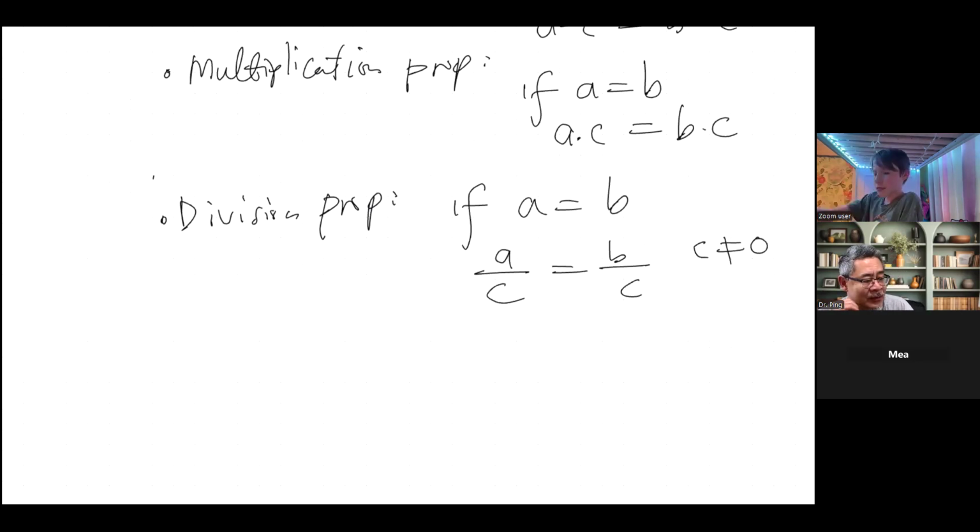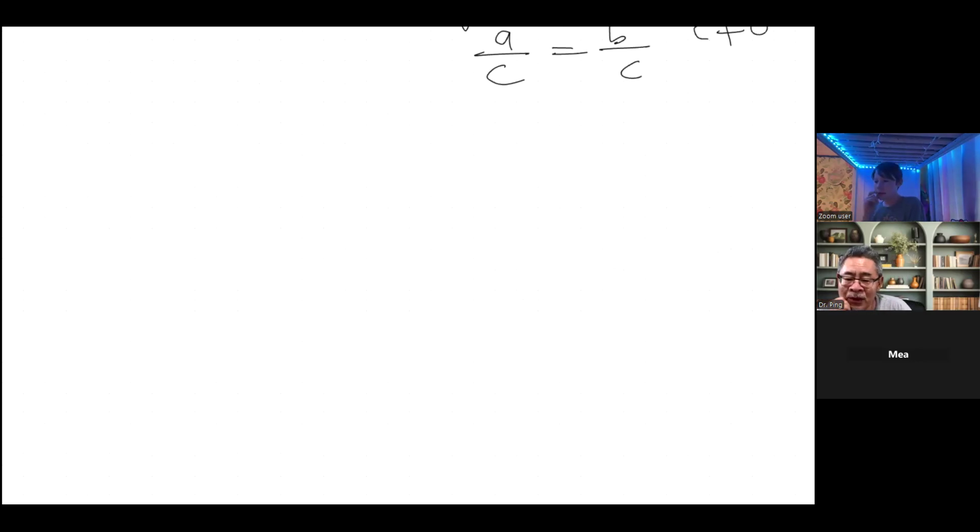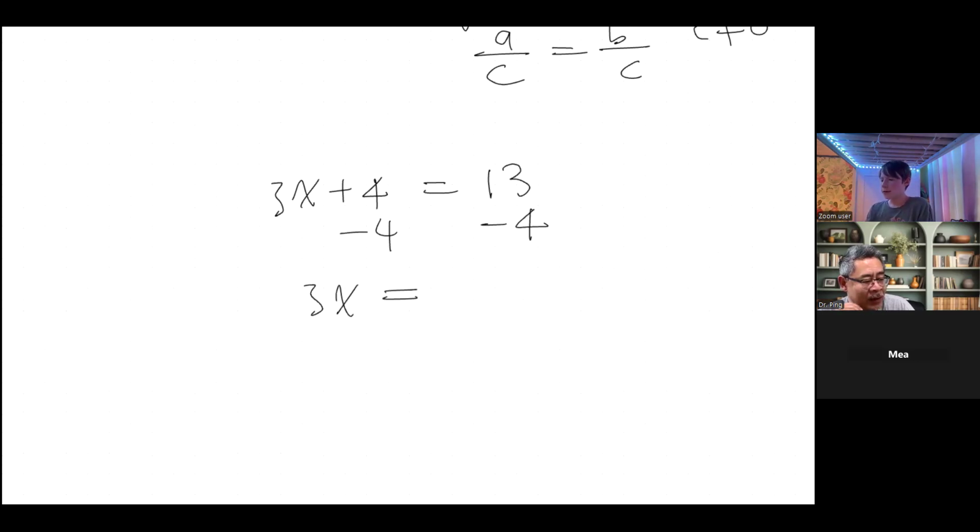Okay, but now we can see, looking at an example, how we use those properties solving linear equations. For example, 3x plus 4 equals 13. What do we do? Well, first, we minus 4 on both sides. That's our subtraction property. Then we got 3x equal to 9.